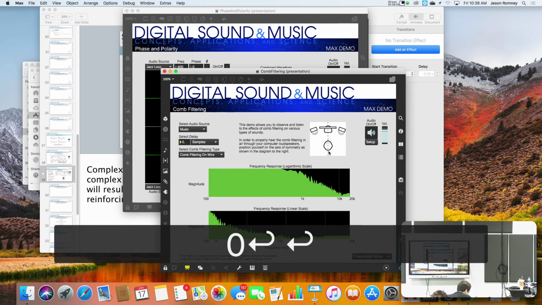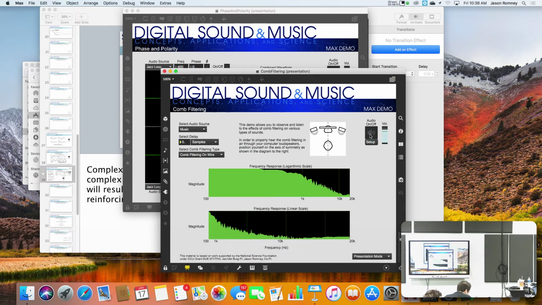That term flange actually comes from the days of tape. There's a component of a reel-to-reel tape deck that is called the flange, and it controls the tension of, among other things, the tape.